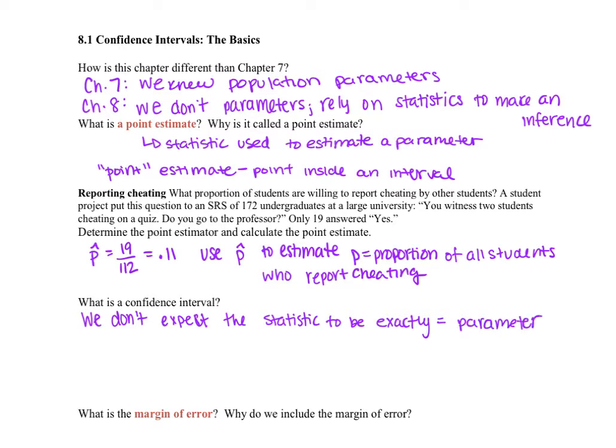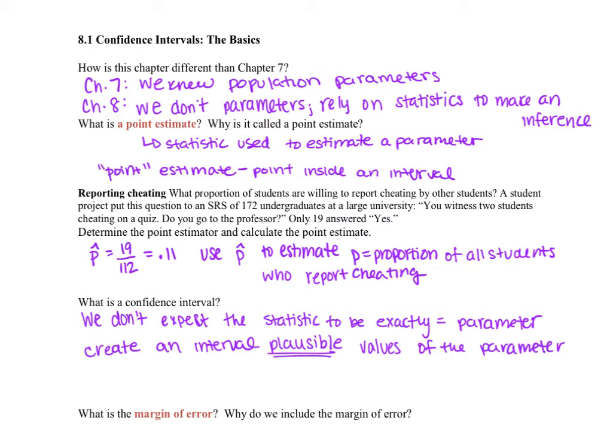So we create an interval of plausible values. And we use the word plausible instead of possible because possible could be anything, but plausible is like a likelihood. So plausible values is more specific than possible values of the parameter.